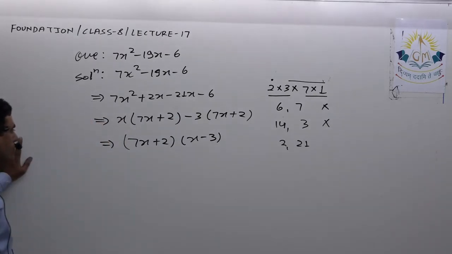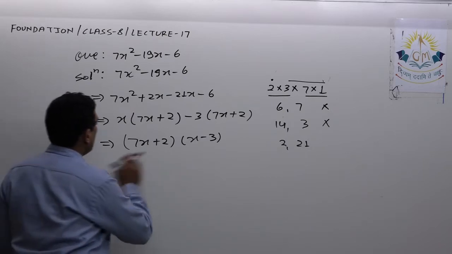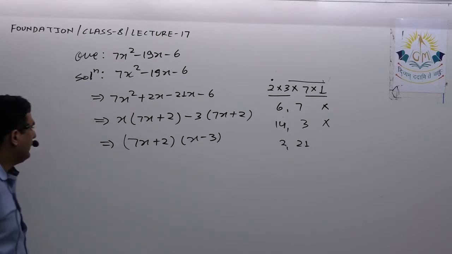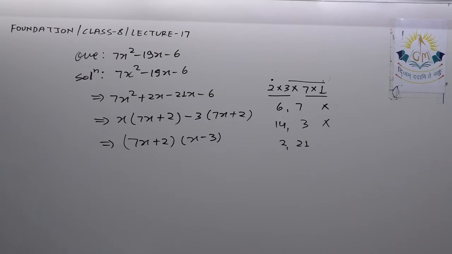So the factors are 7x plus 2 and x minus 3. Okay, so this is my final answer. So please note it down, then we'll see the next question.